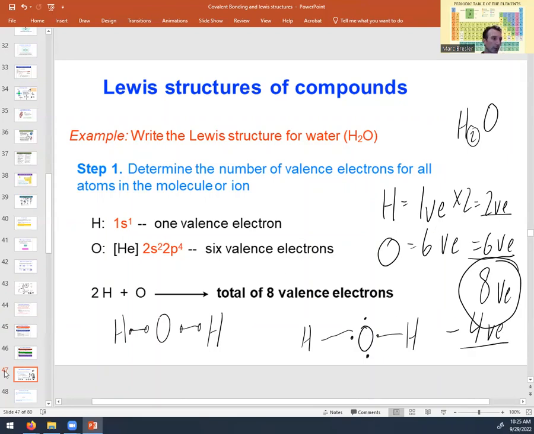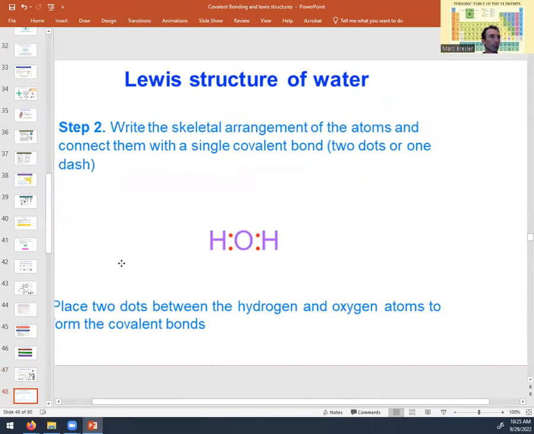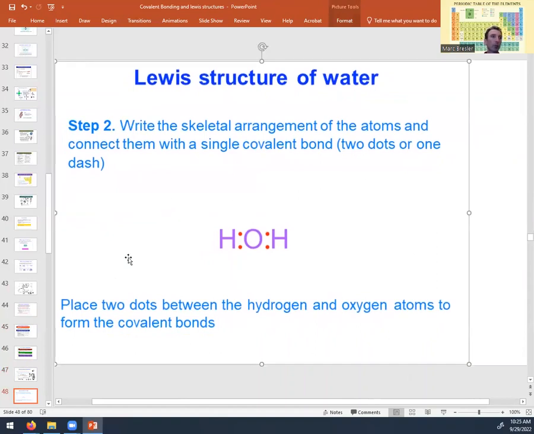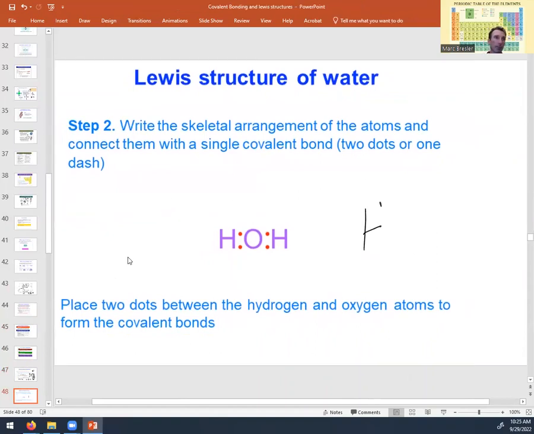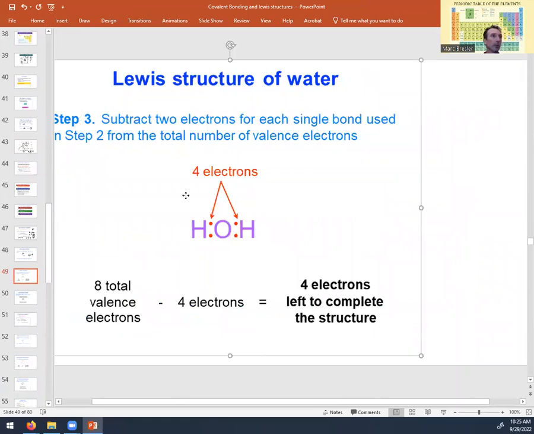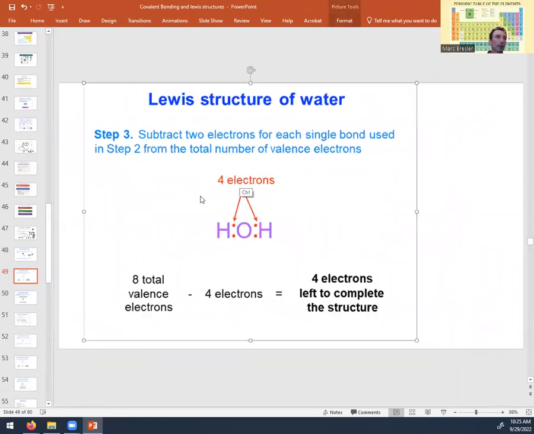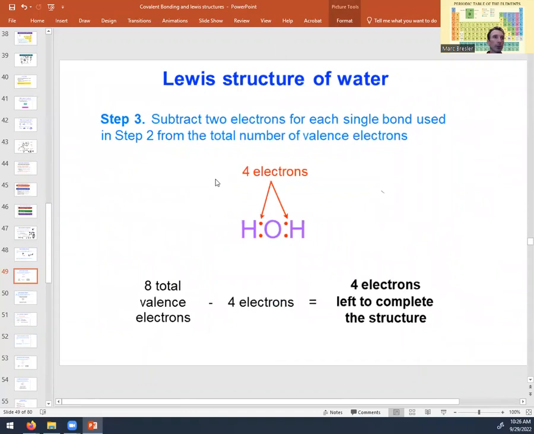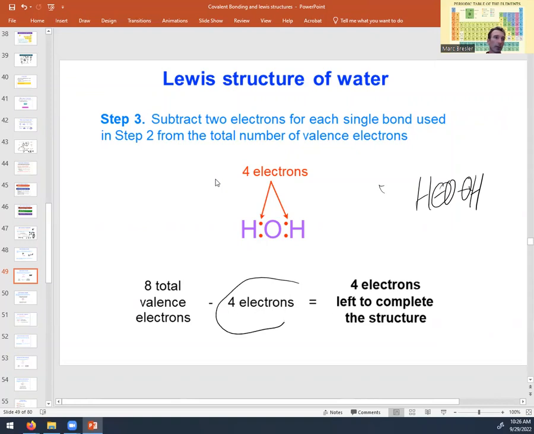So step 2 is writing the skeletal arrangement. Again, 8 valence electrons, keep that in mind. Then step 3, subtract the electrons that were used. In HOH, there are 2 electrons for each single bond, so that's why we're subtracting 4.